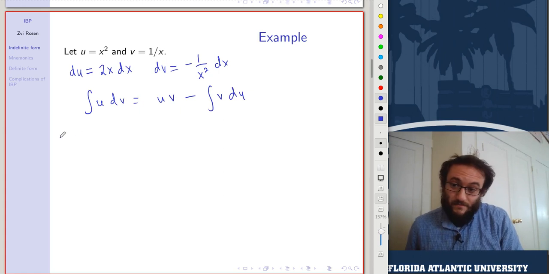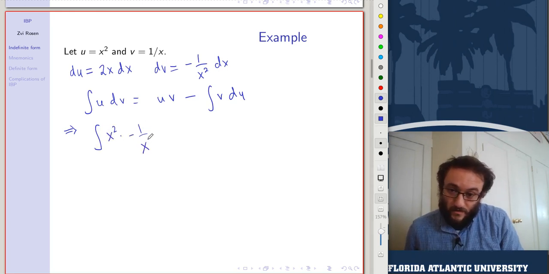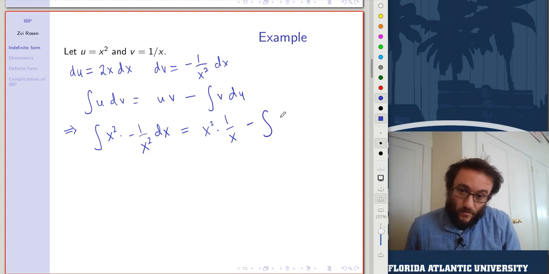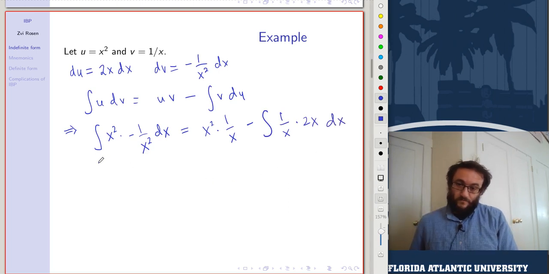In our case, this means the integral of x squared times minus 1 over x squared dx is equal to u times v, so that's x squared times 1 over x, minus the integral of v du, which is 1 over x times 2x dx.